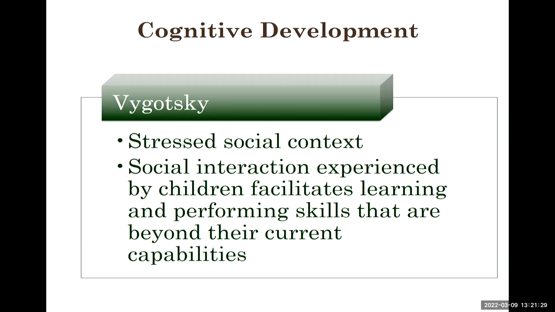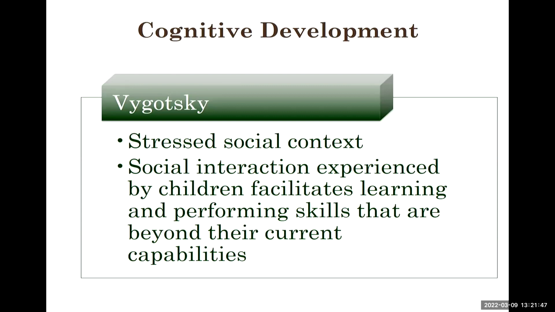We also have another cognitive developmental theorist, Vygotsky. For Piaget, it was all about each child and the way that they develop within themselves and relate to the environment, which allows them to learn, right?